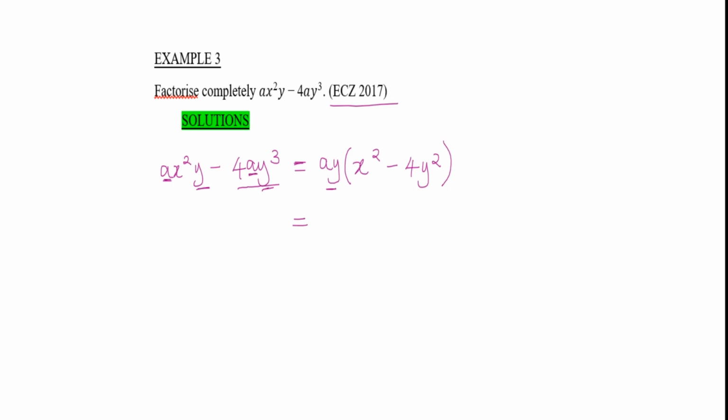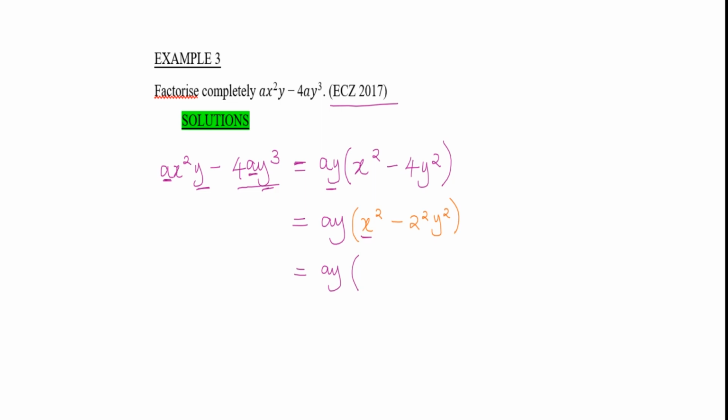Then we have ay, and we know that this x squared has got a square root. 4 can also be written as 2 squared, and y squared has got a square root. From there, we can proceed by saying ay, we open the brackets.